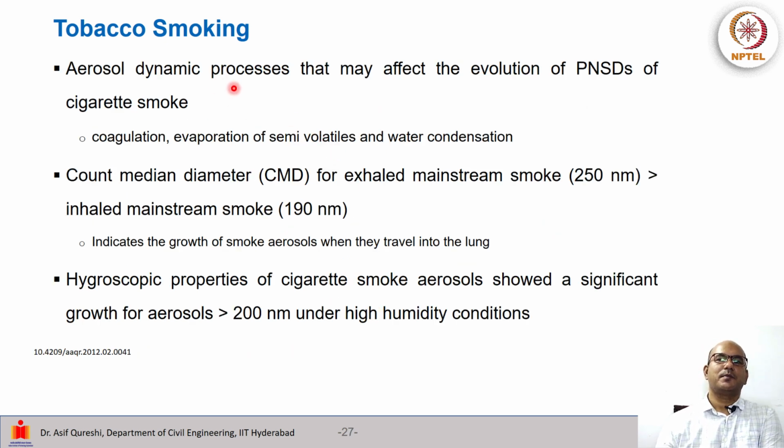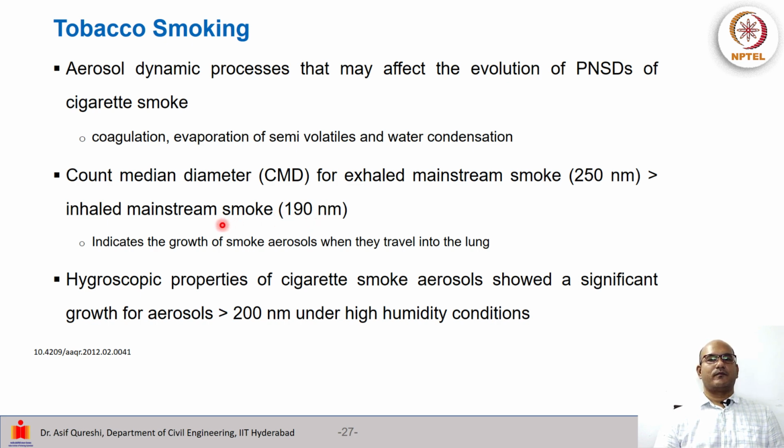Then the aerosol dynamic processes that influence the evolution of particle number size distributions of cigarette smoke are coagulation, evaporation of semi-volatiles, and water condensation. It has been found that the count median diameter for exhaled mainstream smoke, which is 250 nanometer, is more than the inhaled mainstream smoke, which is around 190 nanometer.